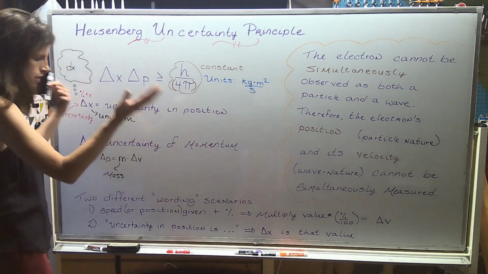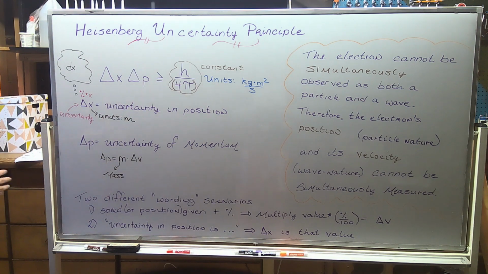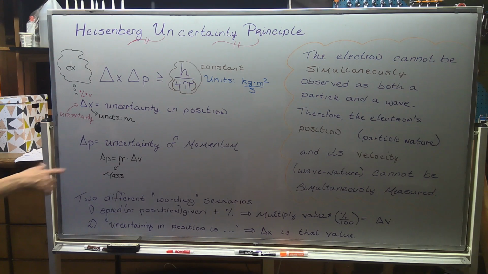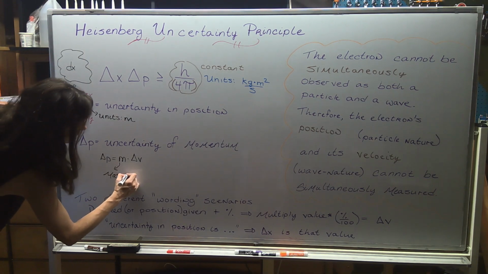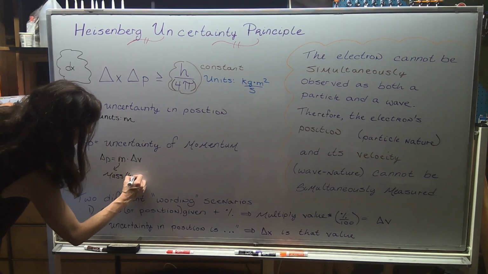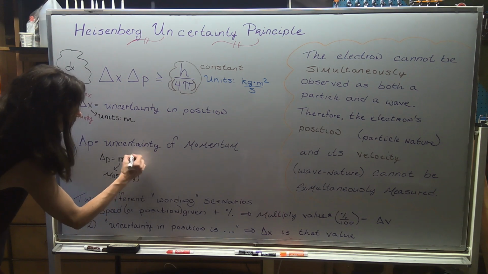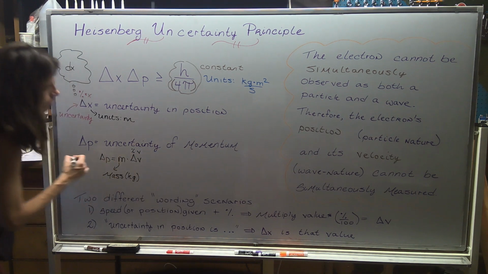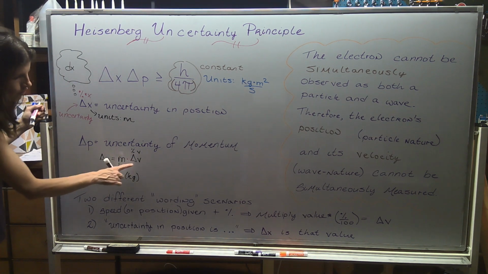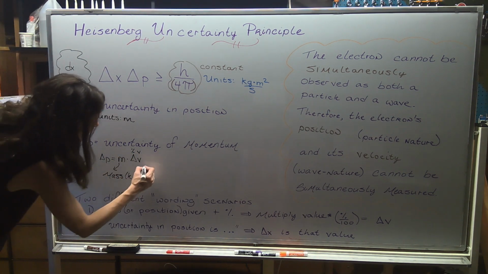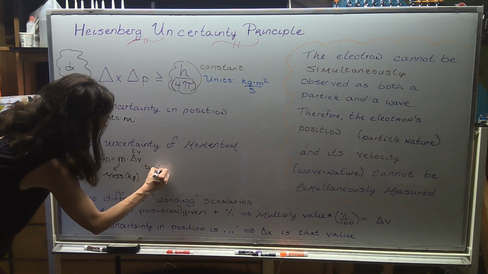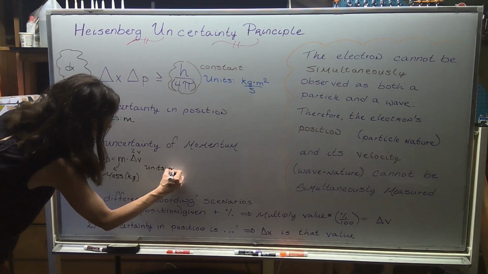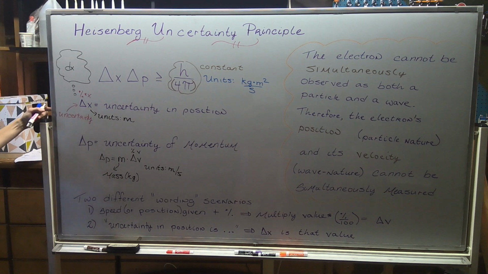So we can look at this for any kind, subatomic to macroscopic particles. We have the mass of the object, in kilograms. And then we have this delta V, which in some cases is going to be the percentage times the velocity, the uncertainty times the velocity. But those units have to be meters per second.